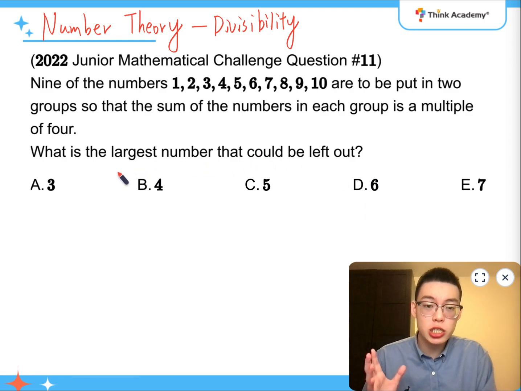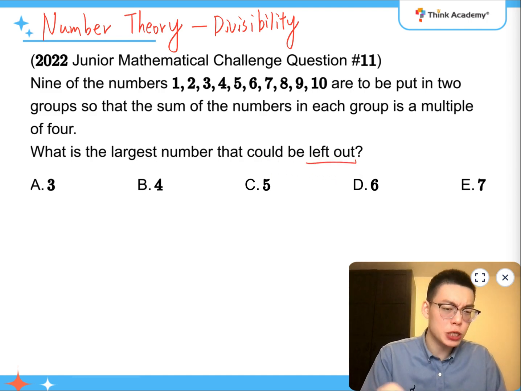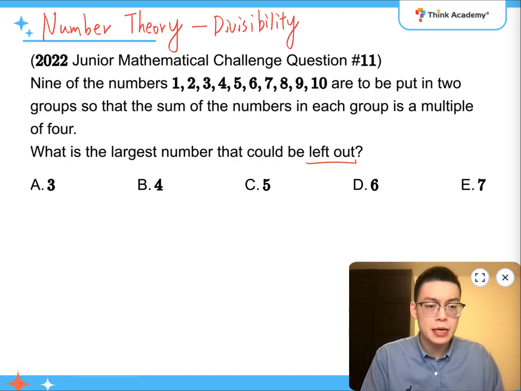And we are just removing one number. It is asking you, what is the largest number that could be left out? So we are definitely leaving out a number, right? So, which number should be left out?